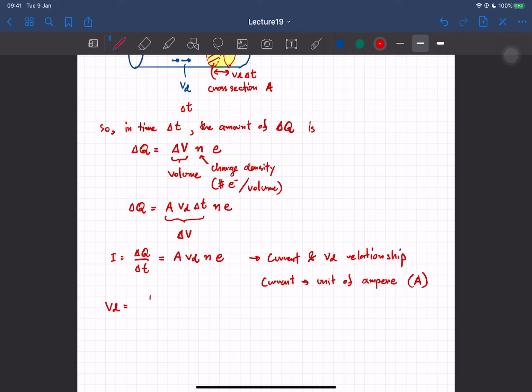equal to I divided by A, N, and then E, right? So just inverting this equation, you're going to have something like this.